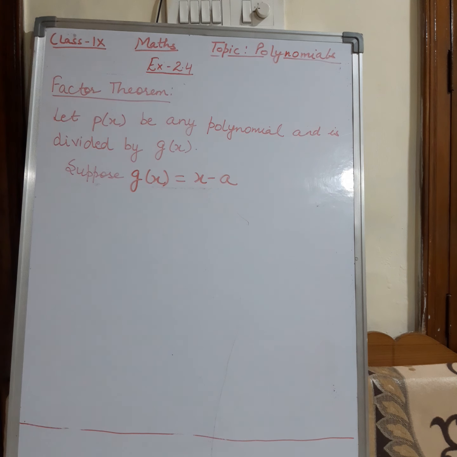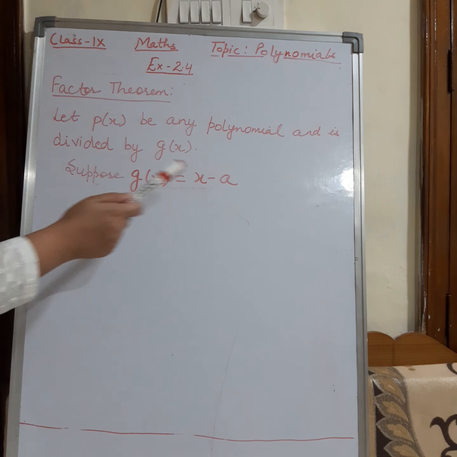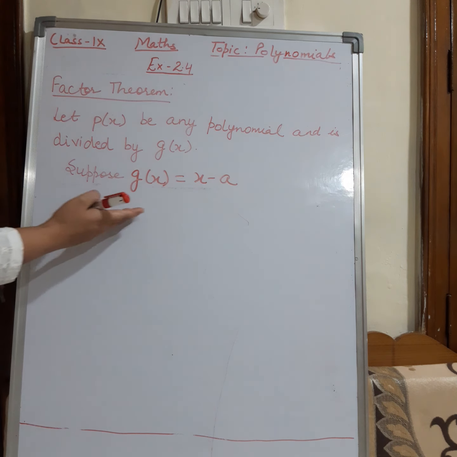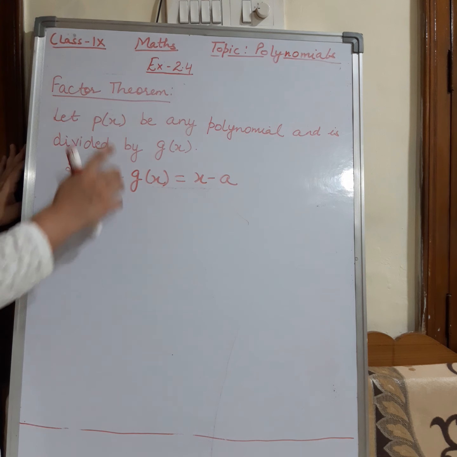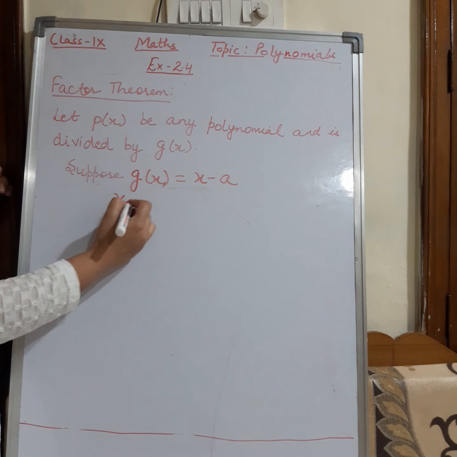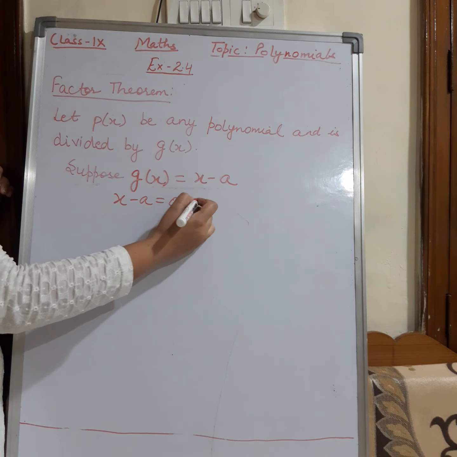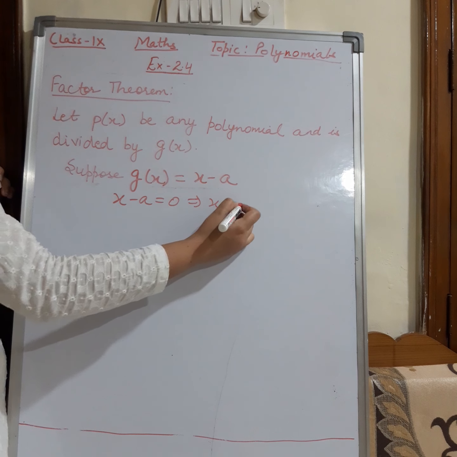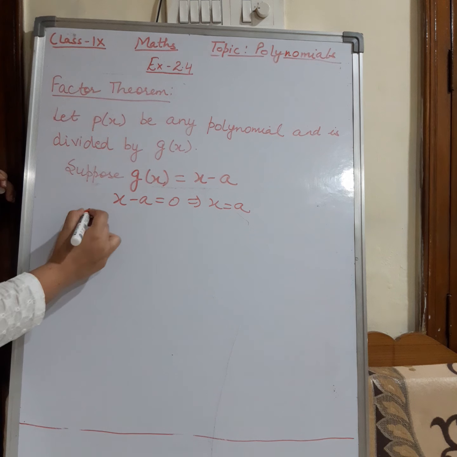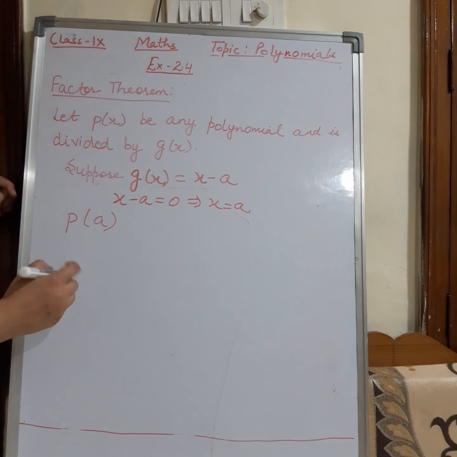Now how do we check this in polynomials? Suppose p(x) is any polynomial and we have to divide it by g(x), and let g(x) be equal to x minus a. Now if I say find the remainder when p(x) is divided by g(x), firstly what will you do? You will write x minus a equal to 0, so x is equal to a, and you will put this value in p(x). That means you will be finding p(a), right?